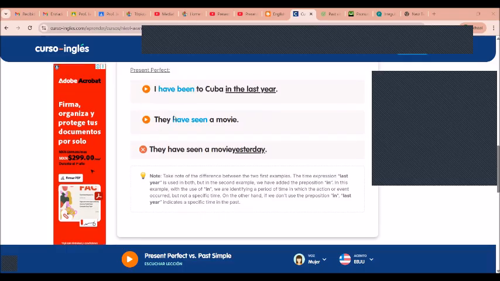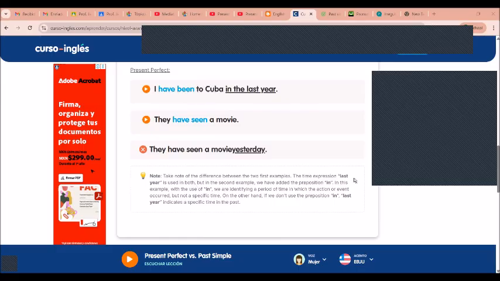Notice here, I have been to Cuba in the last year, in the last 365 days. In this year, for example, we have more days. So it's very possible that this person, if they go to Cuba a lot, they could go again.